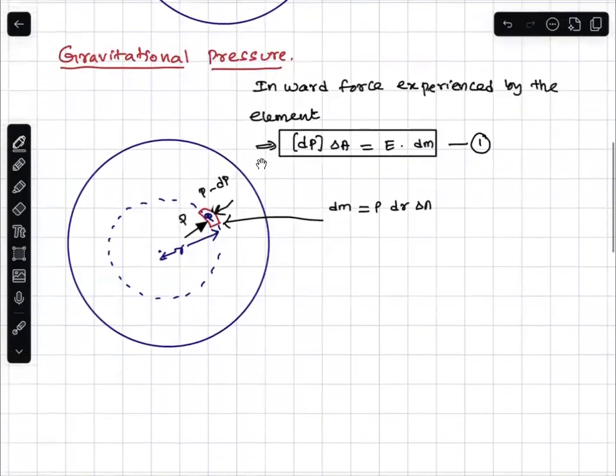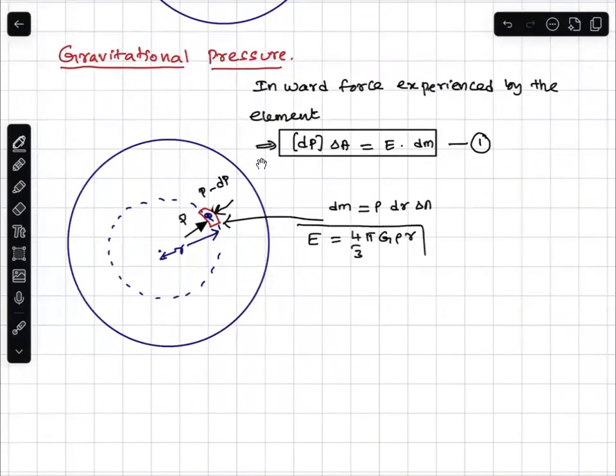Right. Now, what is going to happen? I know E. Just now I have given 4 by 3 pi G rho r. This is what we will call intensity of gravitational field at that point. Of course, directed towards the center.